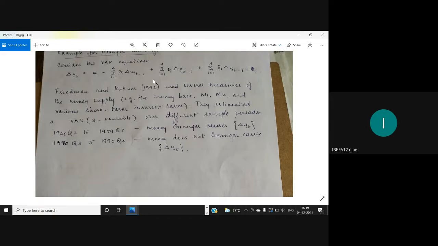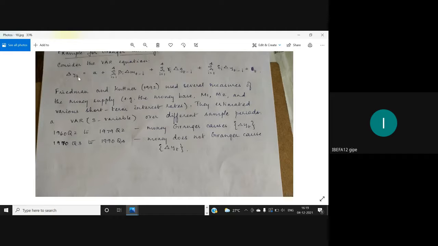Generally it is recommended that we use real variables itself, but often in the case of money supply, what is done is that money supply is taken in nominal terms and then a price variable is included on the right hand side. Or, for example, if money supply is coming here, we would have real money supply, which is m by p.